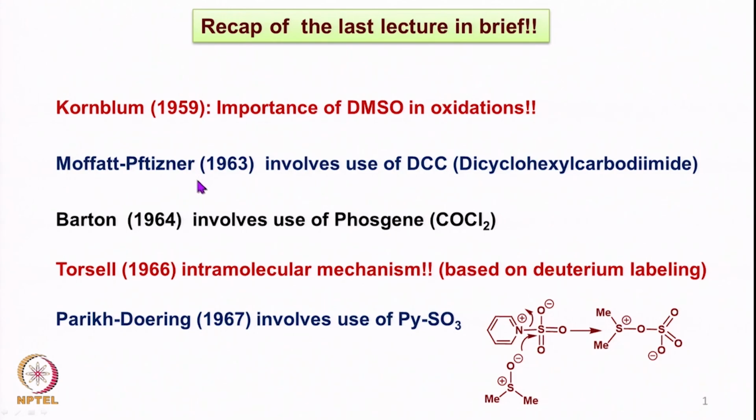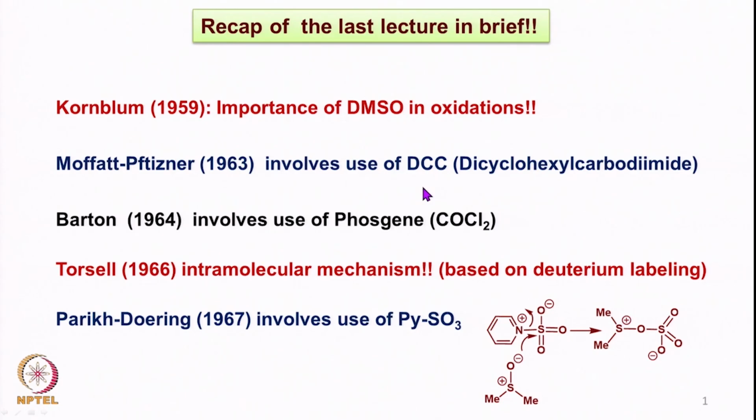Now then we also discussed Moffatt-Wittner oxidation, which involved the use of dicyclohexyl carbodiimide, which activated DMSO and allowed the formation of an intermediate that reacts with the alcohol and eventually leads to the formation of the carbonyl compound.